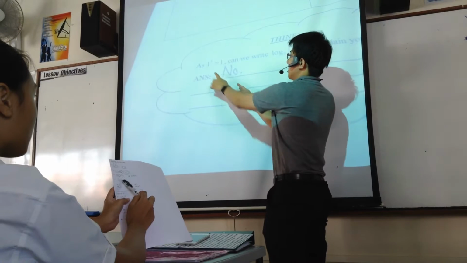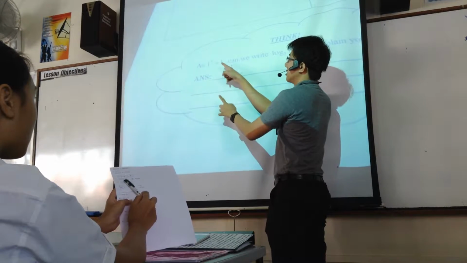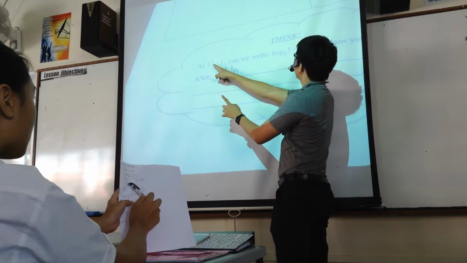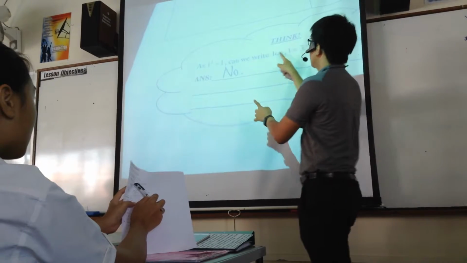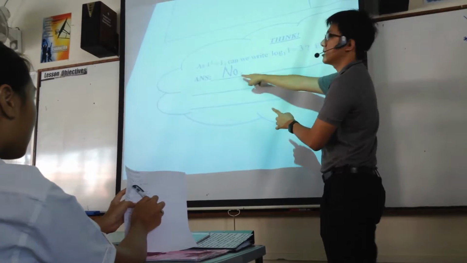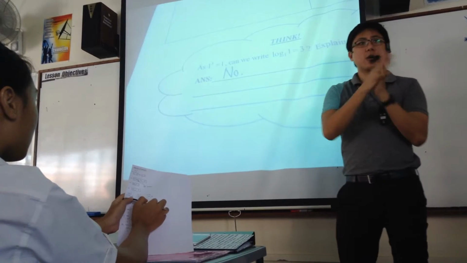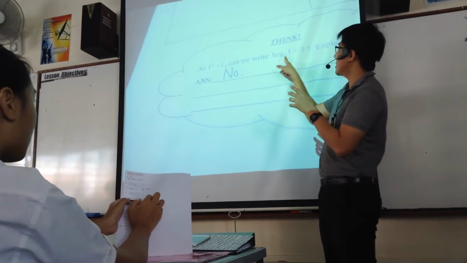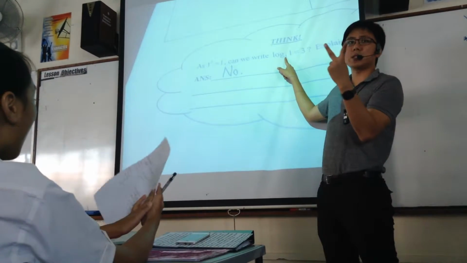You see, this is my base, right? This is my power, right? So log base power equals to number. Why is it no? Because for log to happen, my base got 2 conditions. What is the 2 conditions?